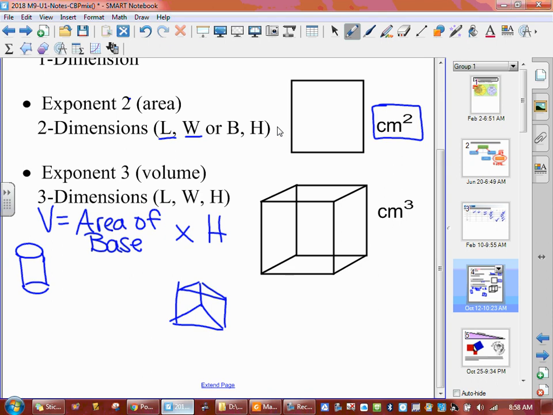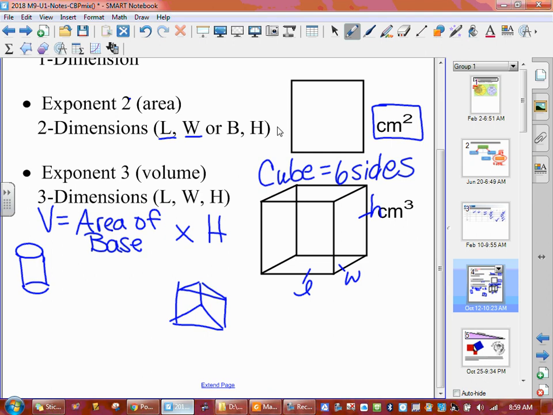Okay, if it is a cube, all the sides are the same. So for a cube, there are 6 sides that are identical. And what we measure for volume is the area of our base. Well, the area of our base would be length and width. And then you have to multiply it by the height. Well, if it's a cube, that means all of those are the same number.